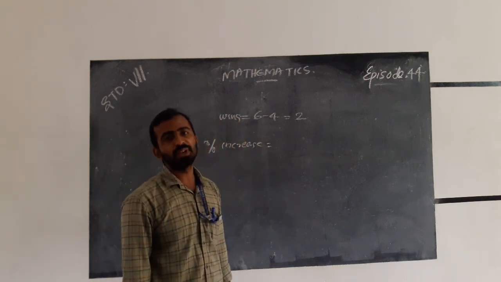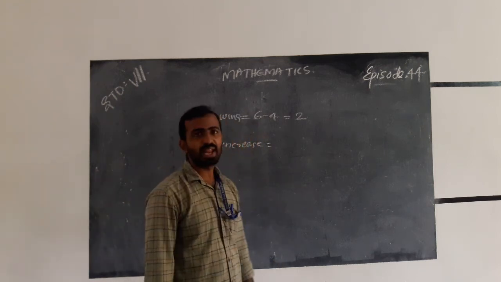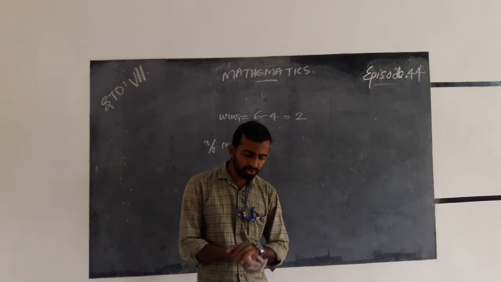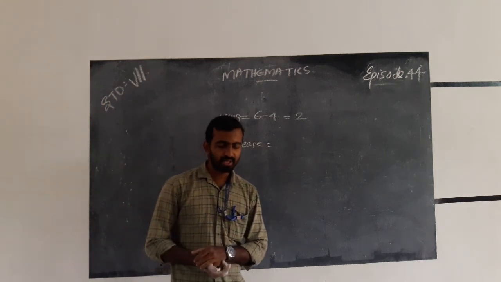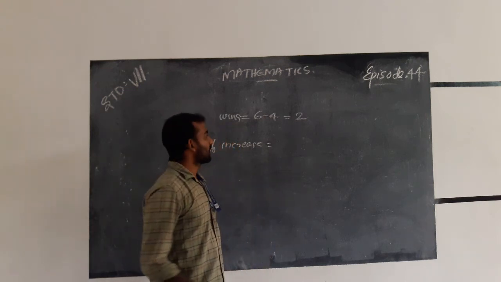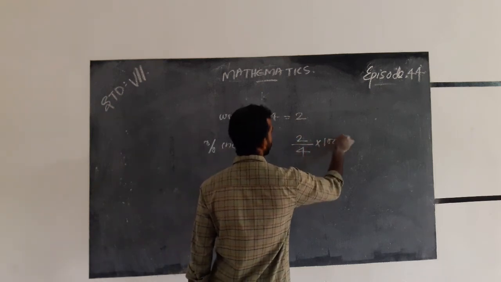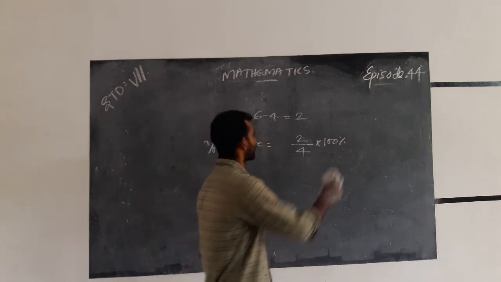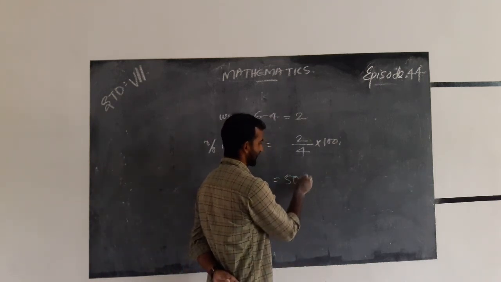Which way do we take the increasing percentage? We take the number of wins, or amount of change, divided by the original amount or base. Here the base is 4, into 100 percentage. Is it? Yes. 200 by 4, we get the answer as 50 percentage.